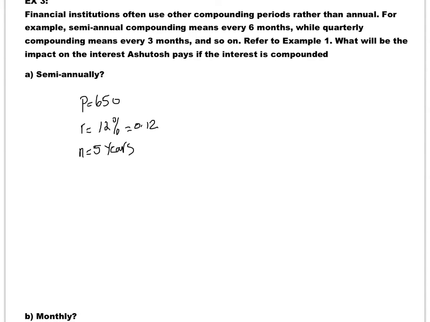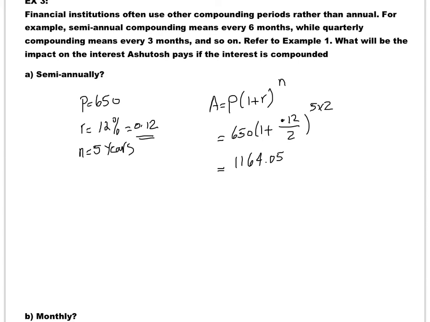This means that our main formula, which was A is equal to P times 1 plus R exponent N, is going to change in the following form. P is 650, but R is 0.12 every year. So it's going to be 0.12 divided by 2 because it's semi-annual. And your N is 5, but it's going to change to 5 times 2 because there are 2 semi-annuals in every year.